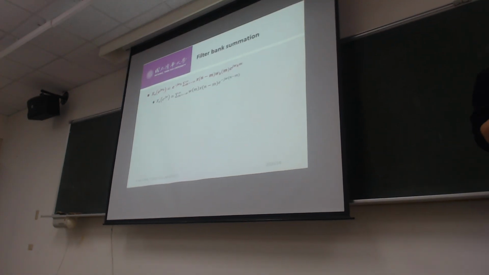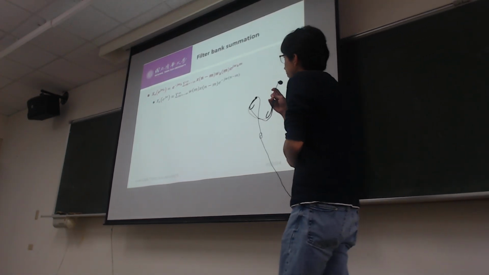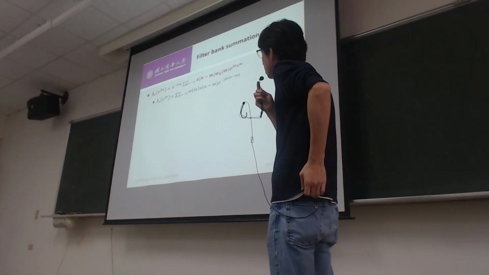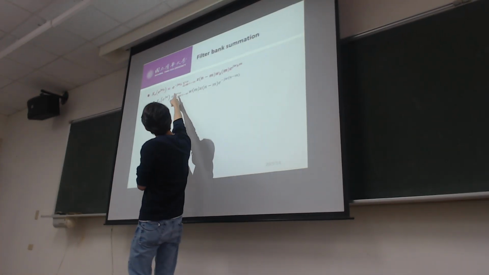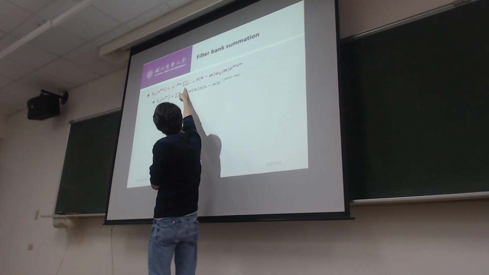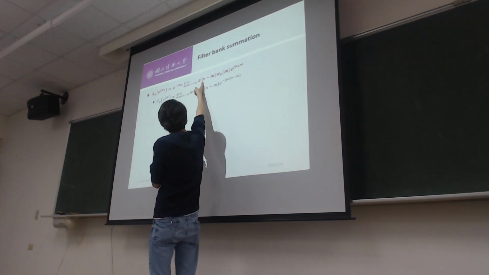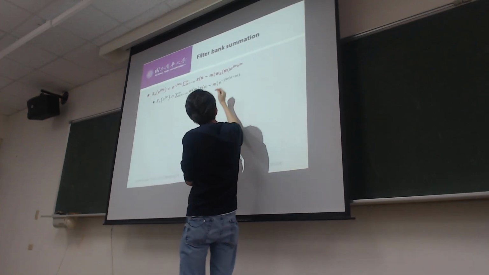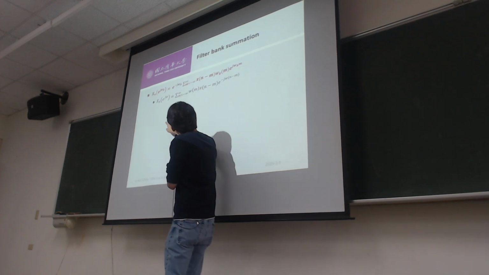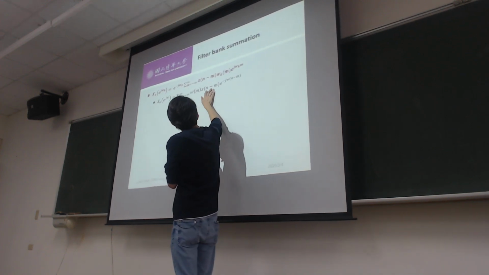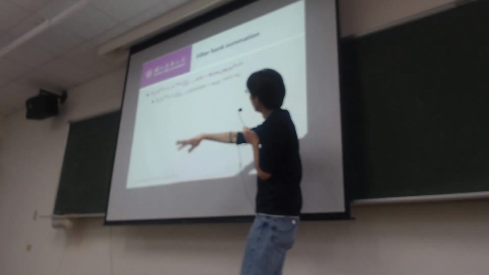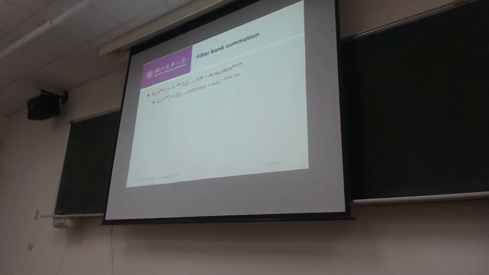All right, let's look at the filter bank summation equation first. X_n(e^{jω}) equals e^{-jω_k n} times the sum from minus infinity to infinity of x[m] w[n minus m] e^{jω_k m}, or we can rewrite it as w[n minus m] x[m] e^{-jω(n minus m)}.